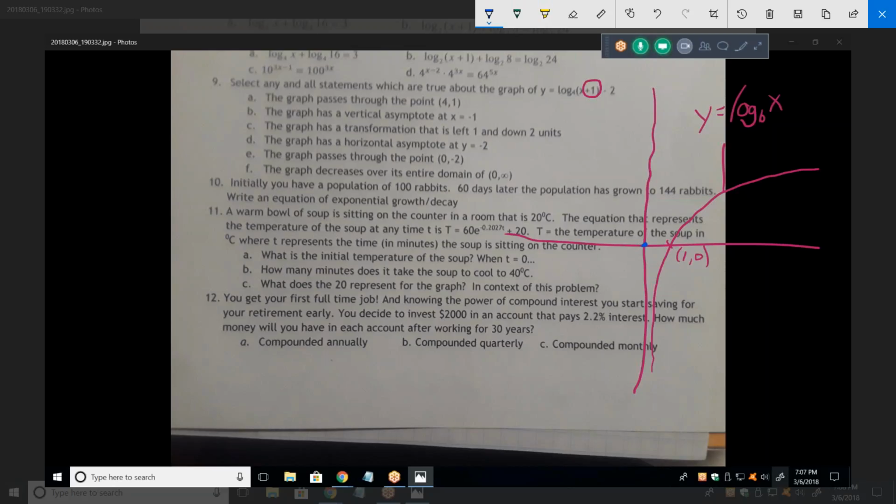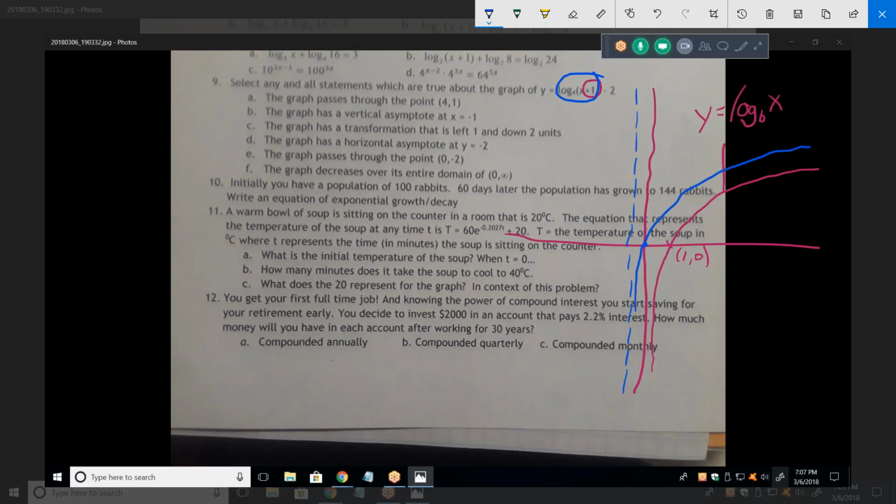We had a vertical asymptote of x equals 0, and now we have a vertical asymptote of x equals minus 1 because we moved it to the left by 1. When you're thinking vertical asymptotes, if you're making a horizontal shift, you've got to shift that also. It's going to look like that.